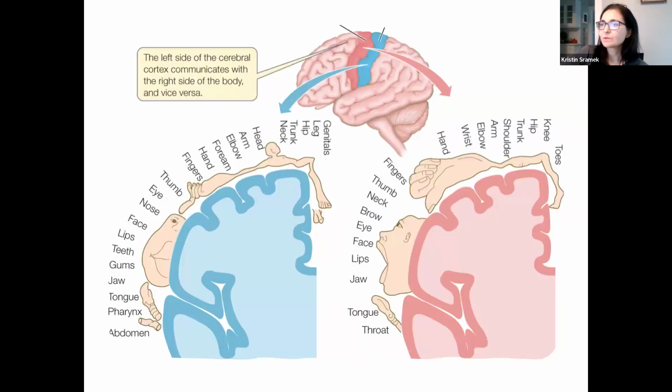All right, so let's just kind of look at this again because I really want to emphasize it. In here in the red or the pink, we have that primary motor cortex sitting right at the back of the frontal lobe. And we have this map. It's called a somatotopic map because it represents all the different regions of the body. And it corresponds pretty closely to the map that we have for sensation and that we have for muscle movement.